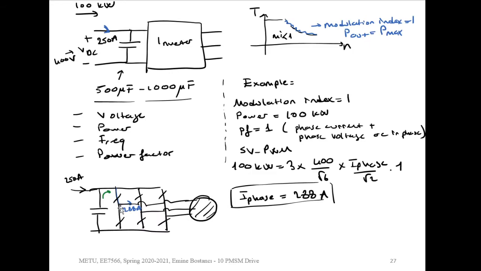And it means that we need to ask for more current from the DC link as the power factor decreases. So what is happening is that we are just asking for a pulsed voltage, and this current is going to come from the DC link, but during the active stages.